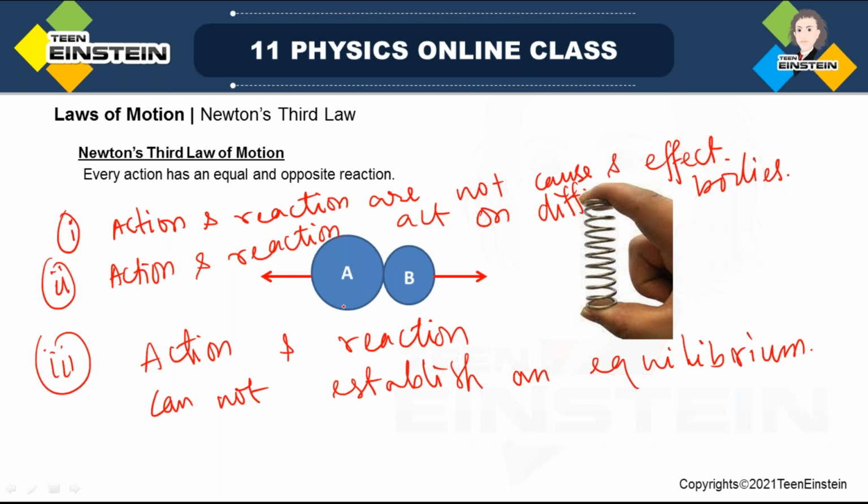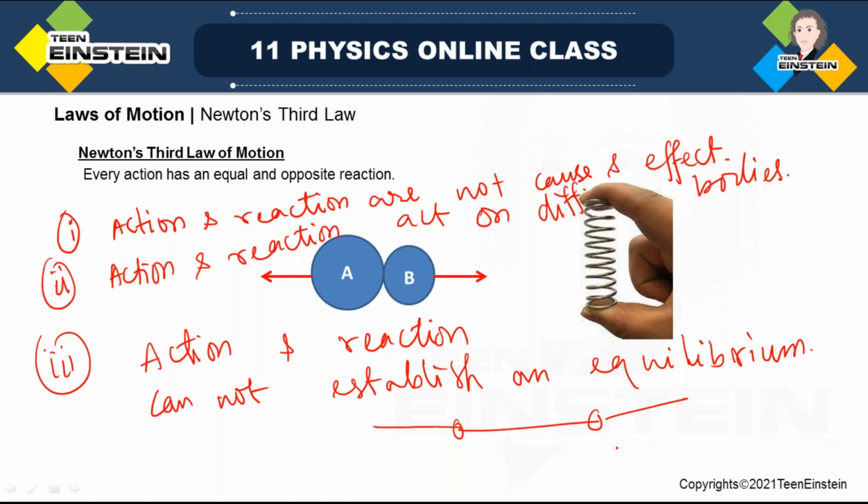So pulling is action. But if the other team is not pulling, then, see, any team has to pull, then the other team also can pull. So this one is action, another one is reaction. So in case of tug of war, you can see that if there is no reaction, there cannot be action also.